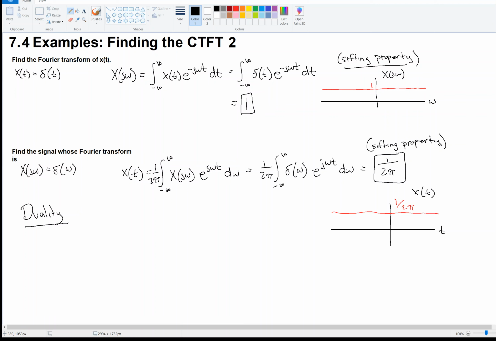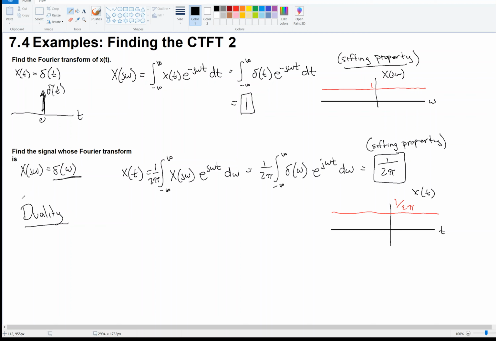In the first example the signal is a little impulse at 0. So this signal is concentrated in time, as concentrated as you can get. And then its Fourier transform is spread out. And when we have a signal that's spread out, the Fourier transform is concentrated.